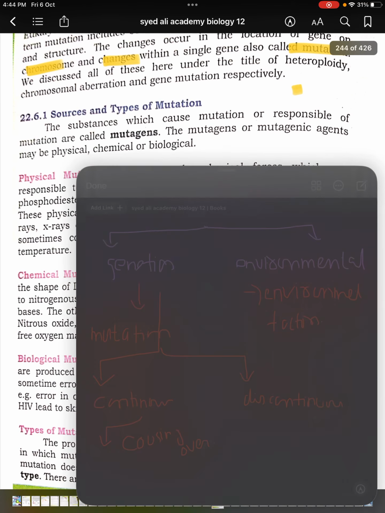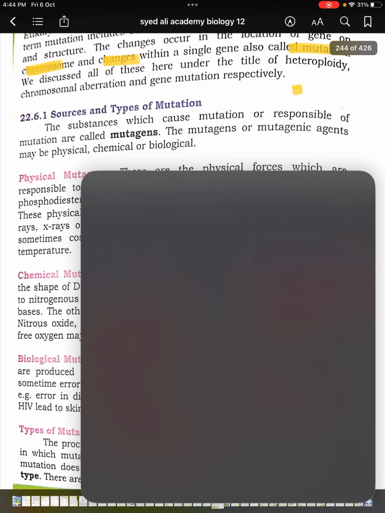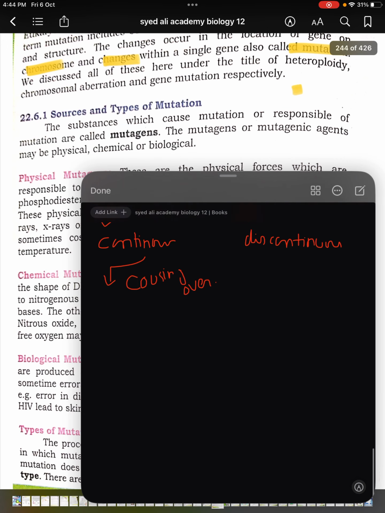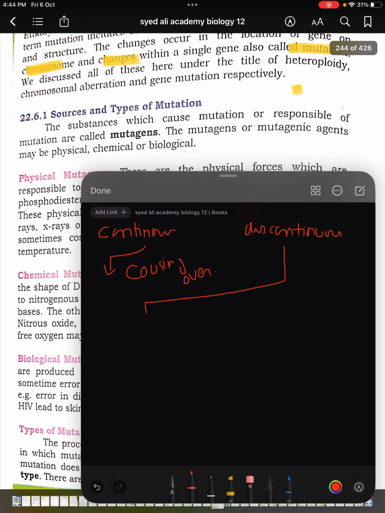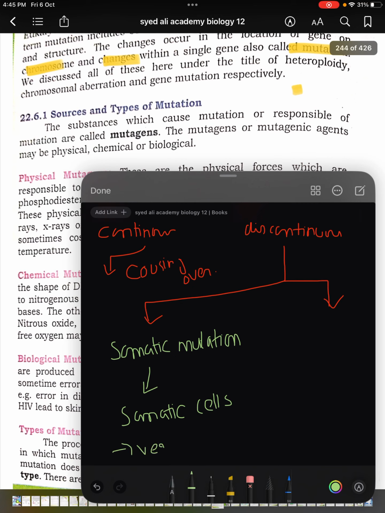But if we talk about discontinuous, this discontinuous is further divided into two things. First is the somatic mutation. This somatic mutation occurs in the somatic cells, or you can say the vegetative cells, right?